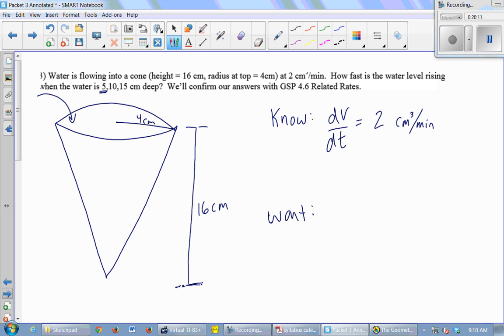So I'm going to draw a water level at a random spot here, and I'll call it H, the water level of the water in the cone. I would like to know dH/dt when H is 5. Let's just start with the 5.